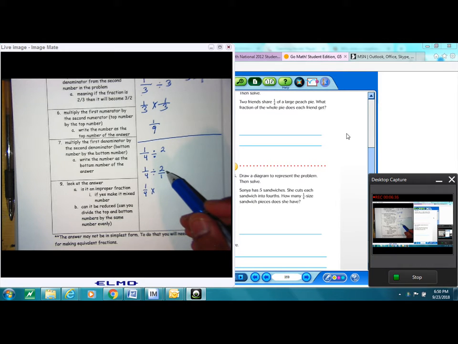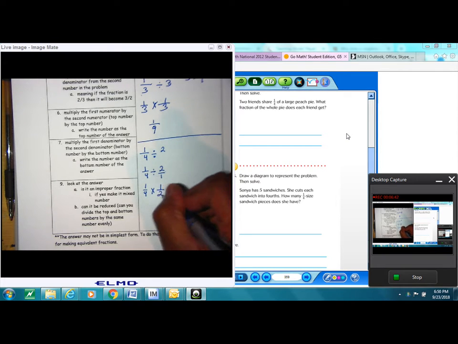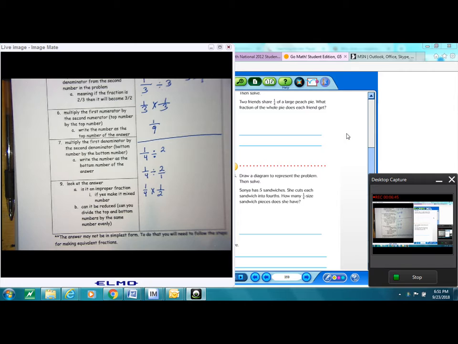And by the way, when your teacher tells you flip the fraction, he or she is going to use a word called finding the reciprocal. I'm not getting stuck in the vocabulary right now. I just want you to be ready to hear the word reciprocal, and that just means you flip the fraction. Now, what do we do next? You're going to do 1 times 1, and the answer is 1.